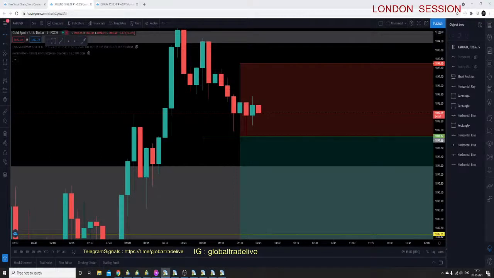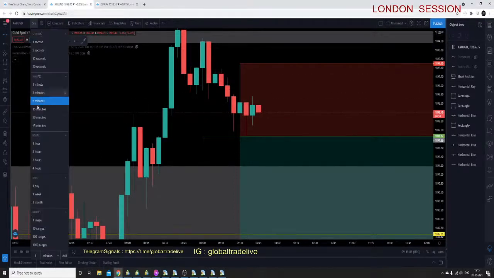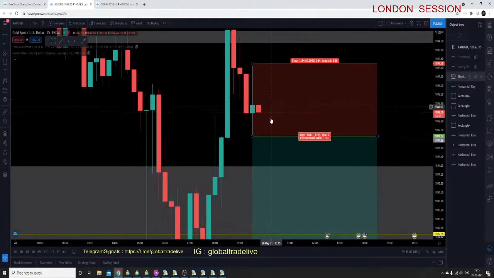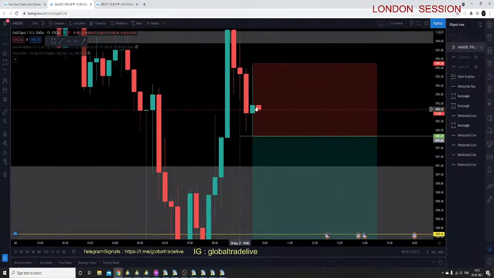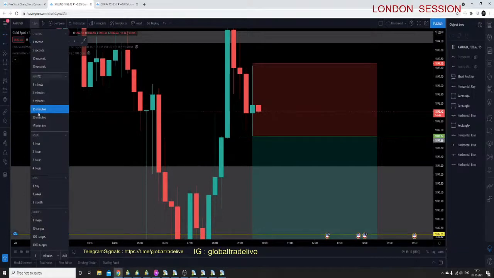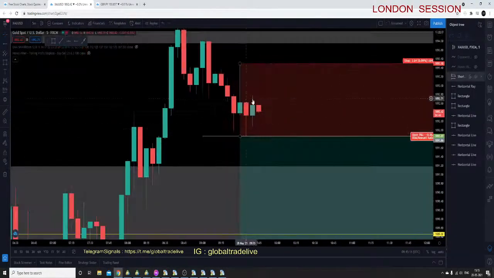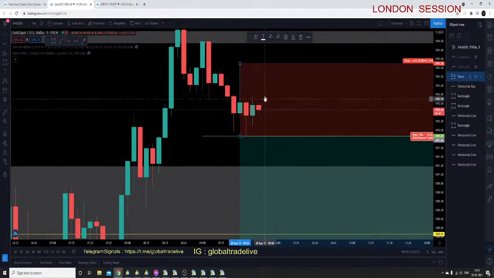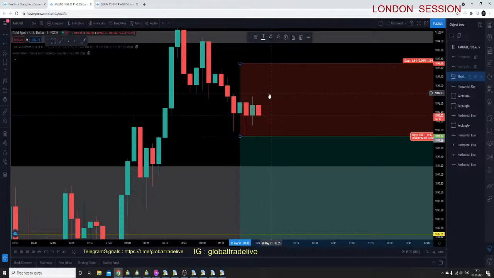Alright, so the 15-minute candle has just closed like a weak bullish candle. So the idea remains the same here. If this candle breaks this high over here, then we'll be closing 50% again, and if not, and it continues to go down, then that's the thing we are hoping for.